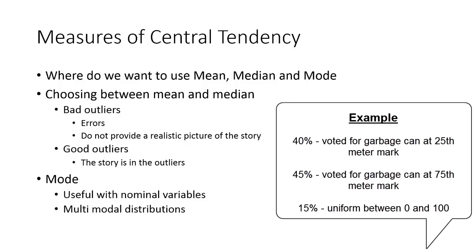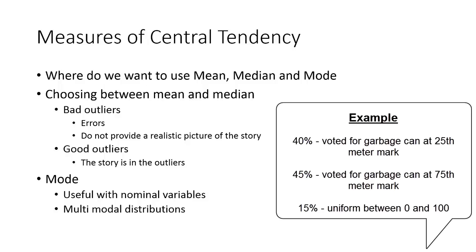Now the problem is both mean and median might wind up saying the average preference is to keep the trash can somewhere in the 51st, 52nd meter mark, right? Because that is bound to be a central value. Now, that might be something that nobody wanted.